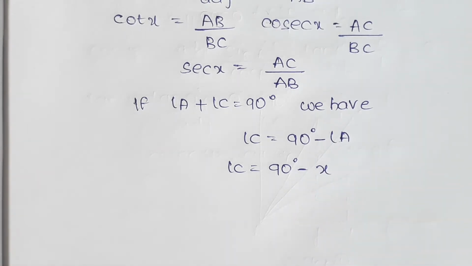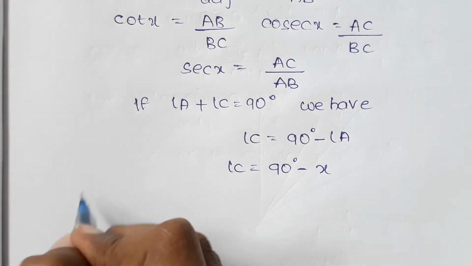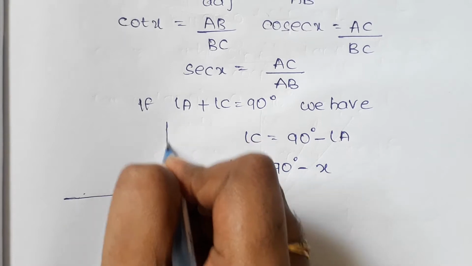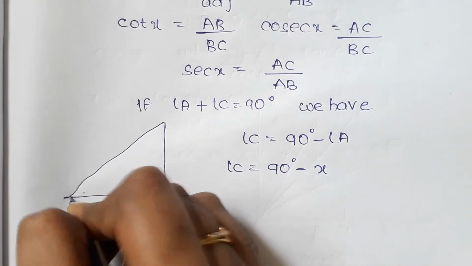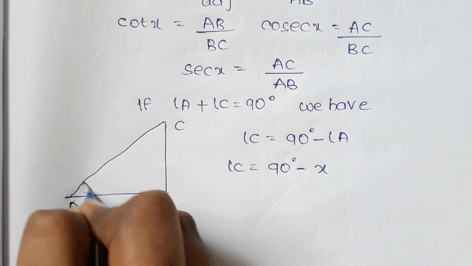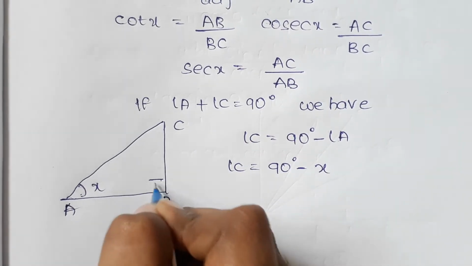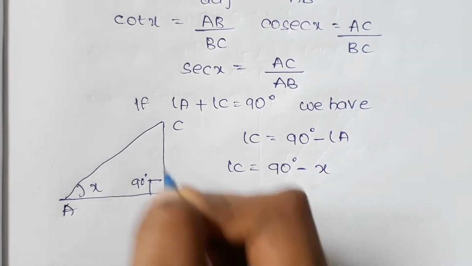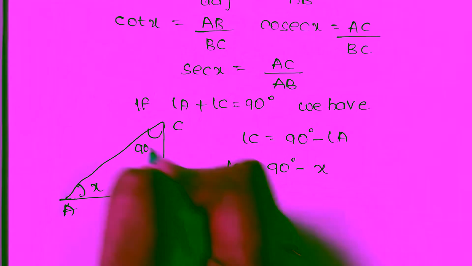And now let us look at the opposite side and adjacent side of the angle 90 minus x of the triangle. Now let us draw the newly formed triangle. Here are A, B and C. Here is x, we already assumed. Here it is 90 degrees and here 90 minus x.